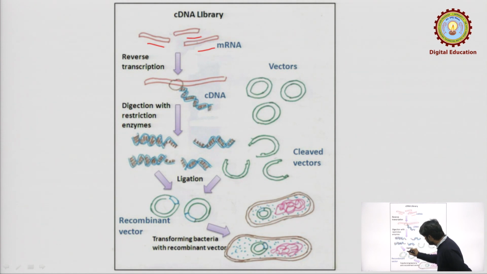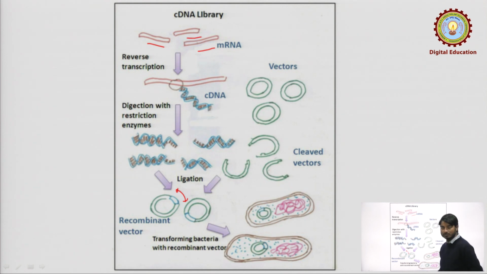Now our complementary DNA is present here. We have to transform this recombinant DNA into the desired bacteria, which will produce its own clone with the help of bacterial machinery. So this is the basic step.